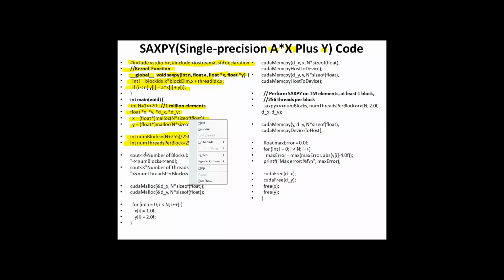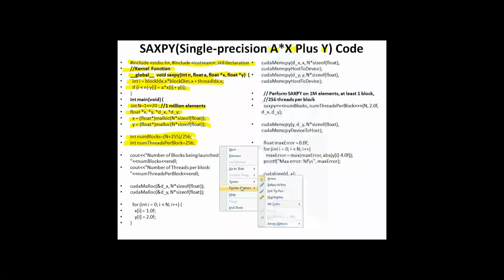So further, next in this code we are displaying the message of the number of blocks being launched and the number of threads per block, that we have defined, 256. Then we have a cudaMalloc.